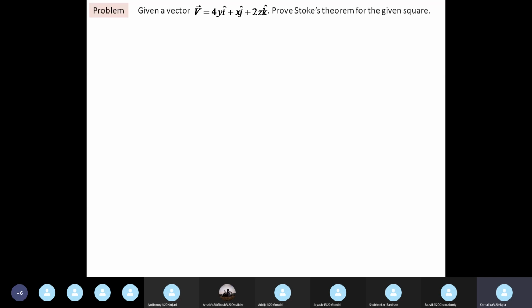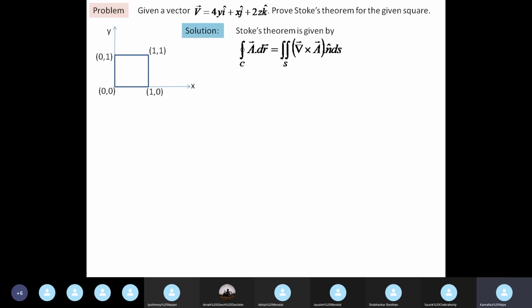Usually divergence theorem and Stoke's theorem, and even the third one, Green's theorem, are proof kind of problems. So you are given a vector and you are asked to prove Stoke's theorem for a square. So this is a square on which you have to prove this.